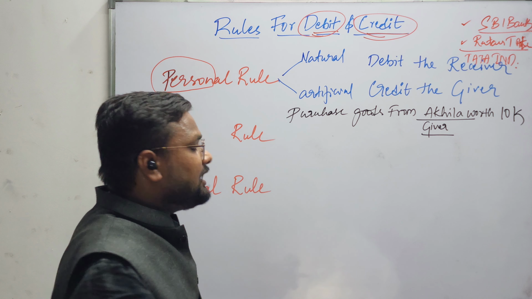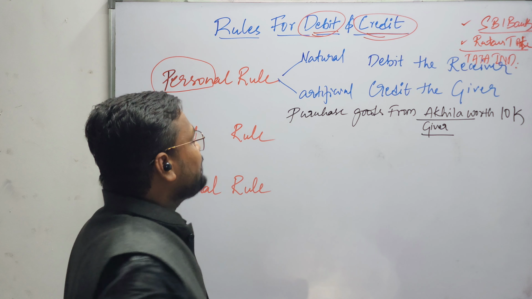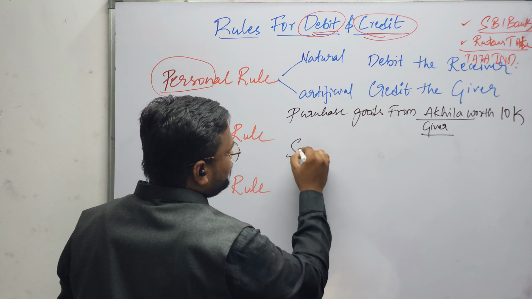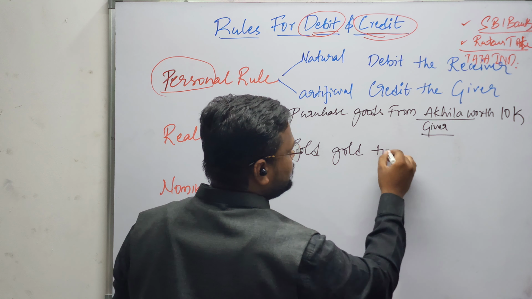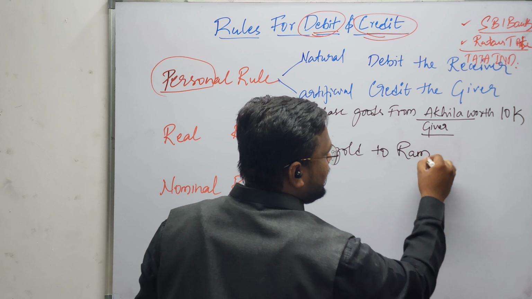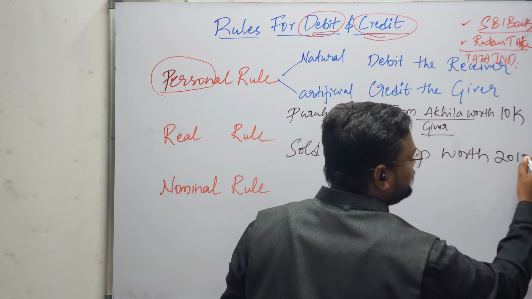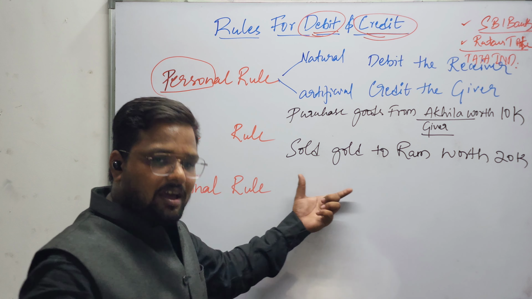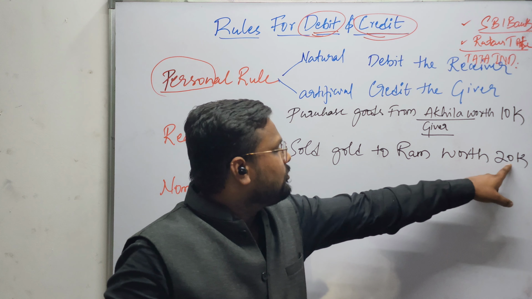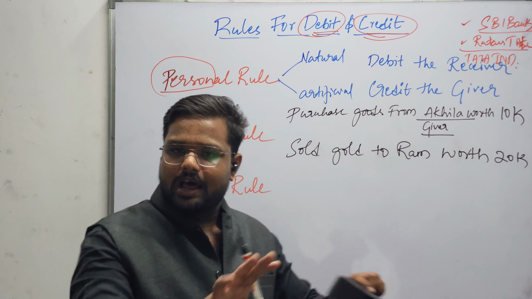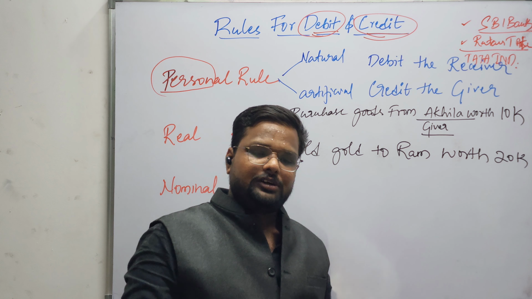Okay. Now we will understand one more example with the receiver aspect also. Sold goods to Ram worth 20,000. Now we have made a sale to Mr. Ram of rupees 20,000. Ram is not paying any cash, because nowhere is it mentioned that cash is received.